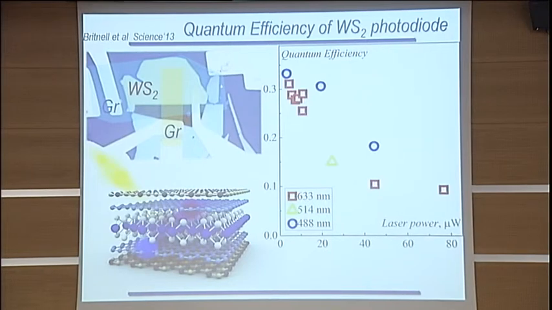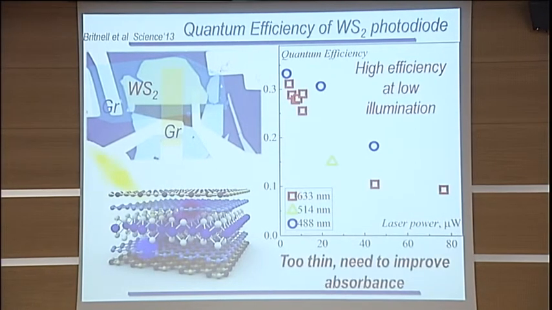It doesn't absorb much light at all. However, if you really want to use it for something practical, you might want to improve the absorption probability in the layer of transition metal dichalcogenides.